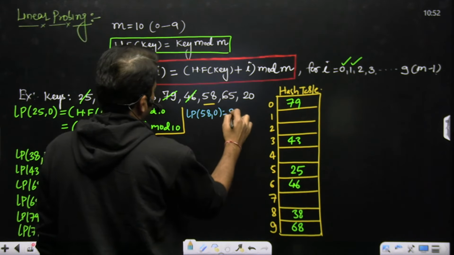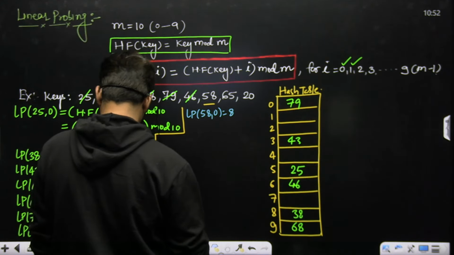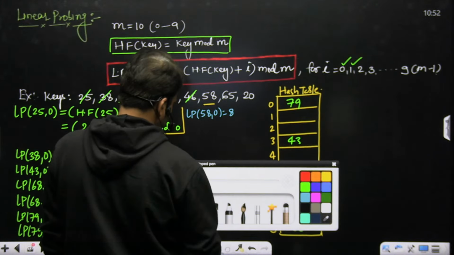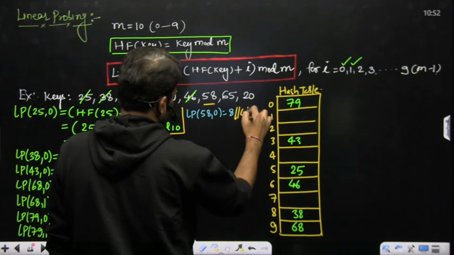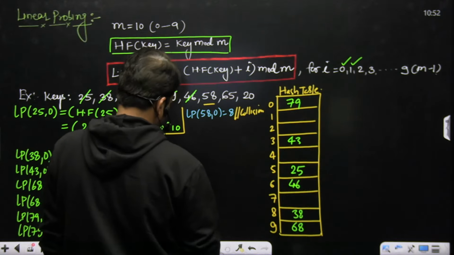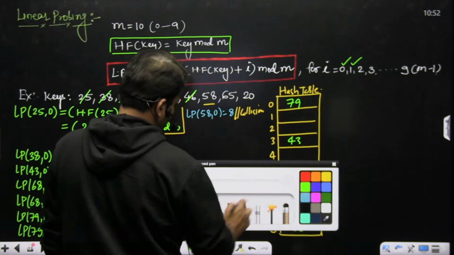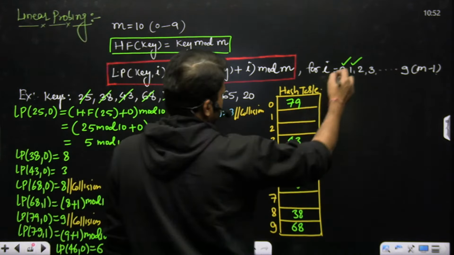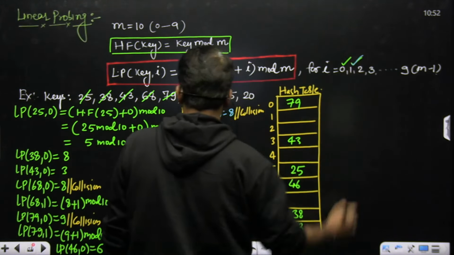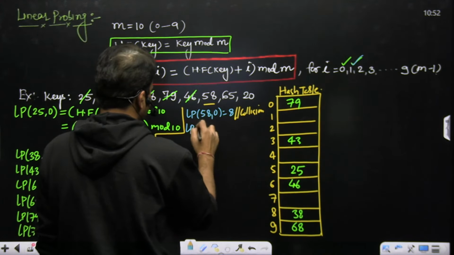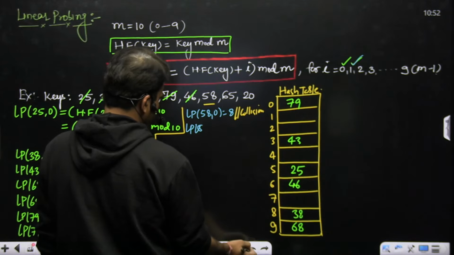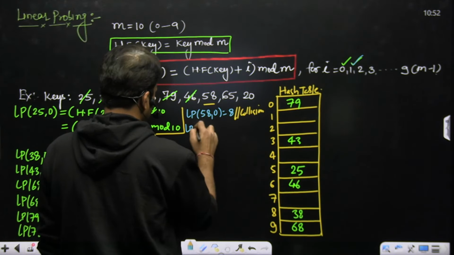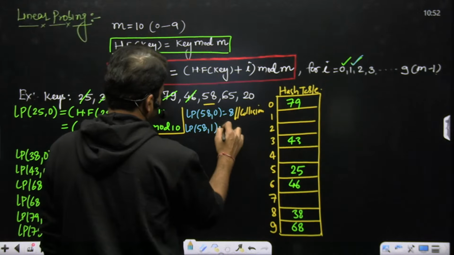58 mod 10 is 8. So this is collision. Here, student, collision occurs. Now choose I value equals to what, sir? 1. Now I am choosing I value 1. So linear probing 58 comma 1. Again, sir, this is 9.